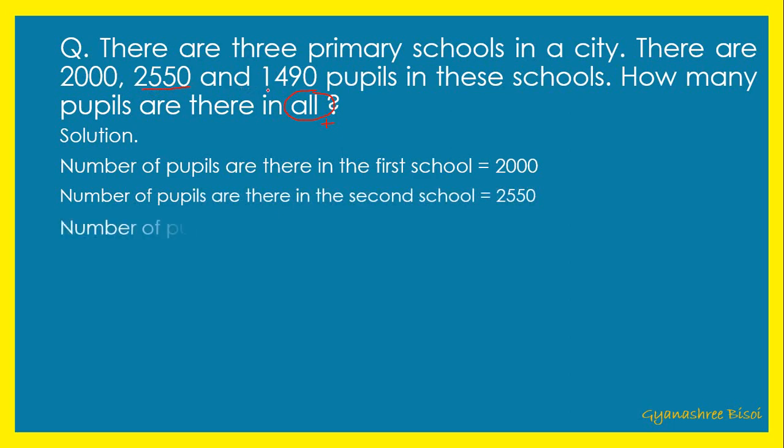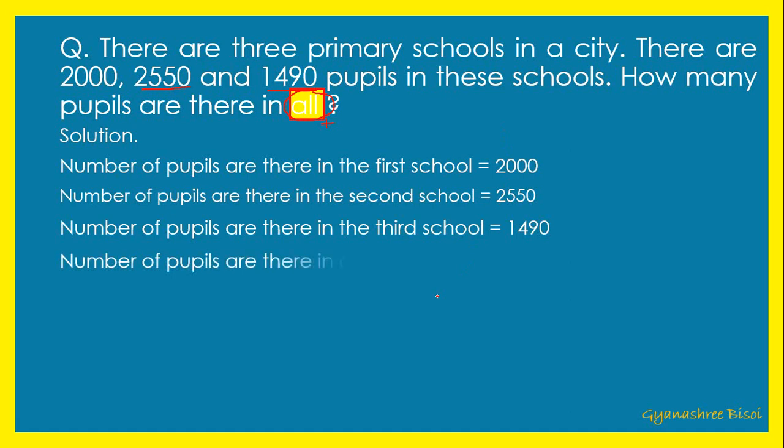Number of pupils in the third school equals 1,490. Now, this clue word shows we need to perform addition. So, we will add these 3 numbers. So, number of pupils in all equals 2,000 plus 2,550 plus 1,490.